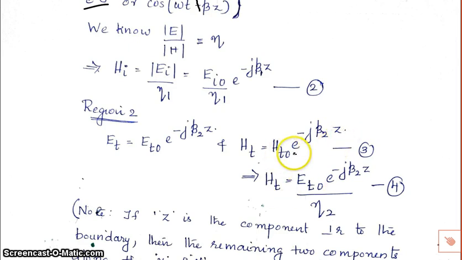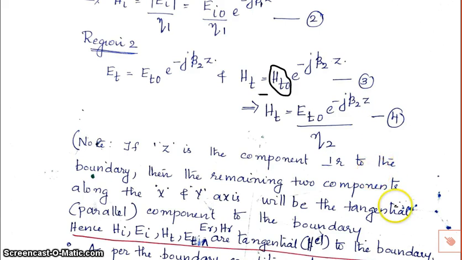Now you know what Ht0 is in terms of Et0. I can write Ht0 is equal to Et0 by eta2, as it is your second medium. So I can rewrite this Ht as Ht is equal to Et0 into e raised to minus j beta2 z by eta2, which is my equation 4.